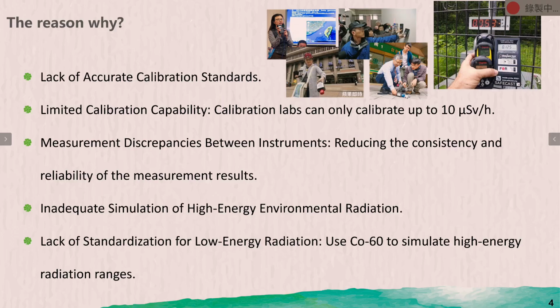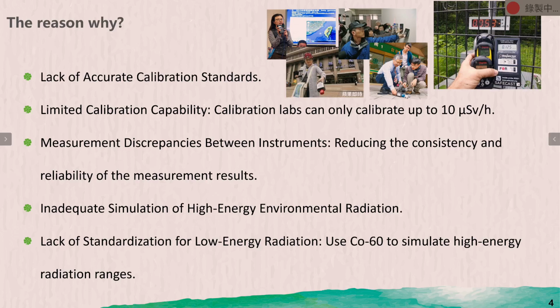The reason why we should establish this system is because nowadays people are very concerned about nuclear radiation, radiation pollution, and food or radiation safety. Some green groups take measurements with instruments to detect the environmental dose level.